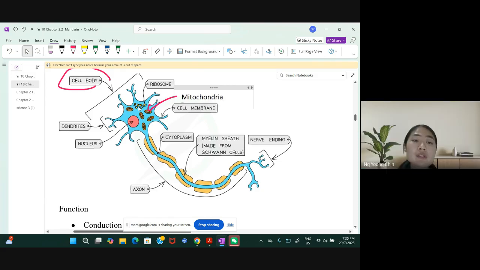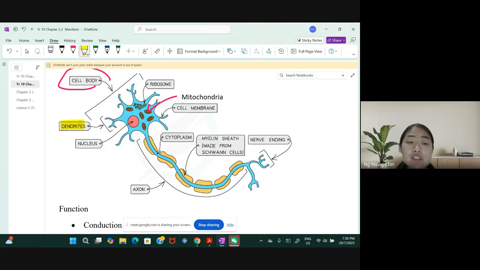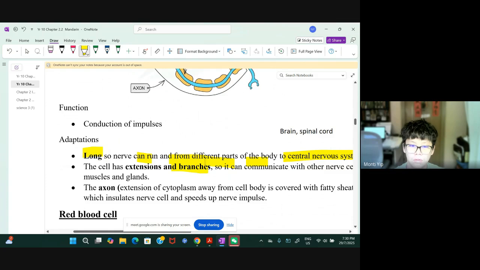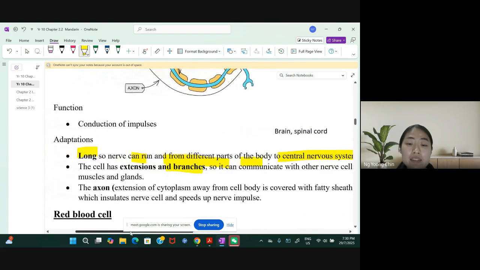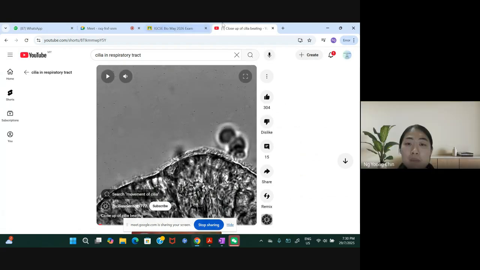But the most important structure you need to know for the neurons or nerve cell is the dendrite. The dendrite is a highly branched structure. The cell has an extension and a branch, so they can communicate with another nerve cell or the muscle or glands. Maybe I show you an example.